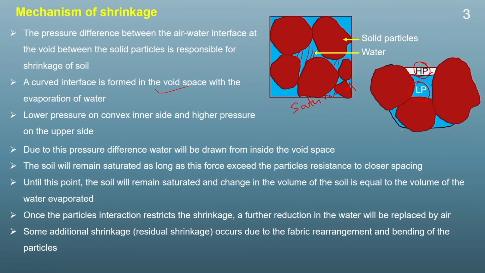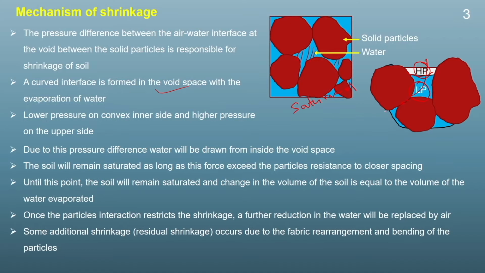Due to this difference in pressure, the water will be drawn out from the soil surface, and as long as the shear stresses induced by the capillary forces are more than the shear resistance developed by the frictional resistance as well as the interparticle repulsion at the particle level, the shrinkage of the soil mass will continue. As the volume change takes place, the capillary forces and hence the shearing stresses as well as the shearing resistance increase. But after a certain time, the rate of increase in the shearing resistance will be more than the rate of increase in the shearing stress.